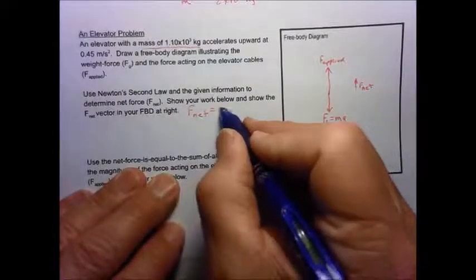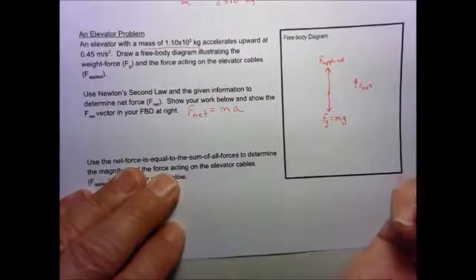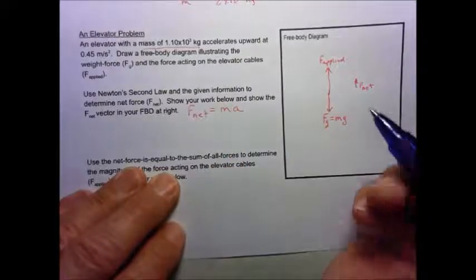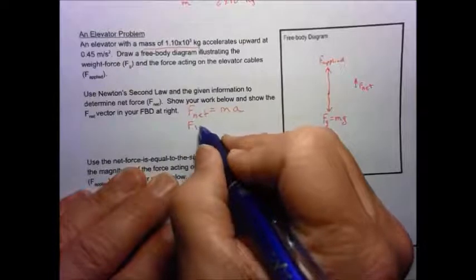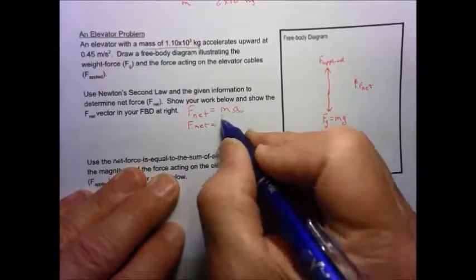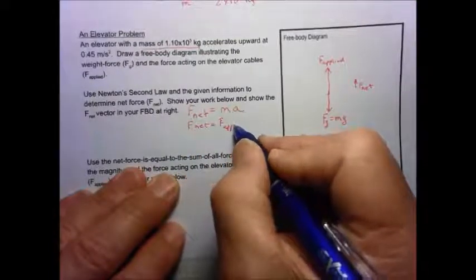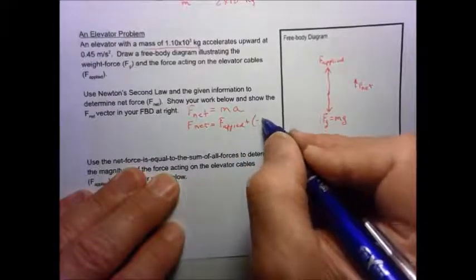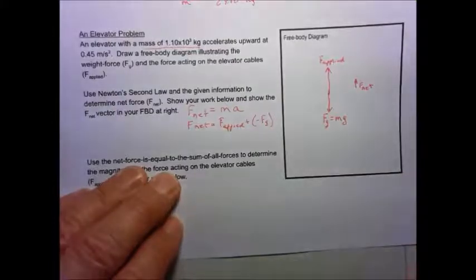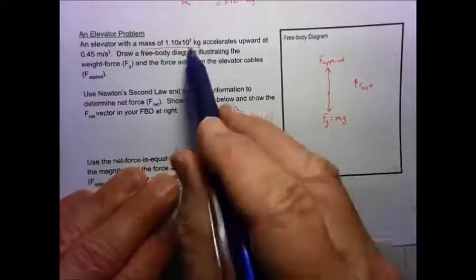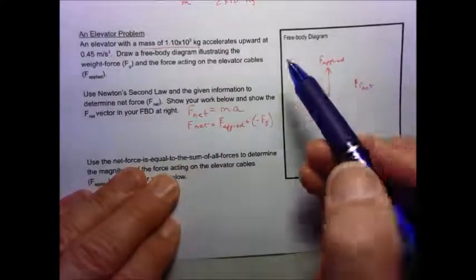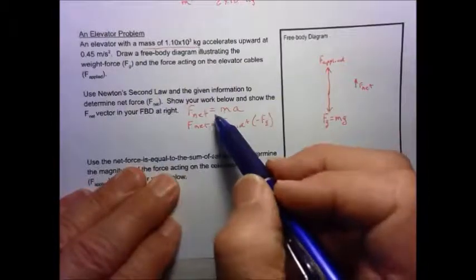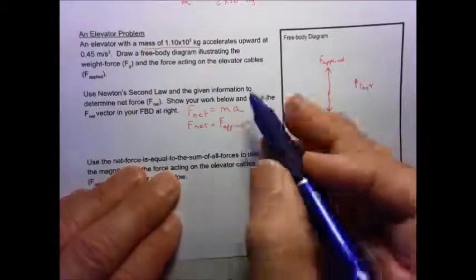We have F net is equal to mass times the acceleration of the elevator as it goes up, and we have F net is equal to the applied force minus the force of gravity. We are told what the mass is and what the acceleration is, so we can find F net easily enough.